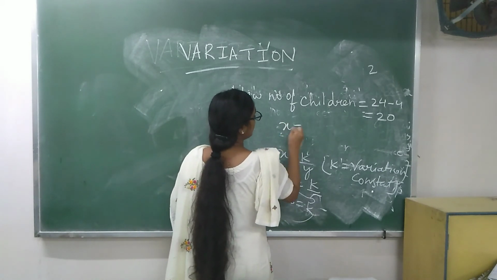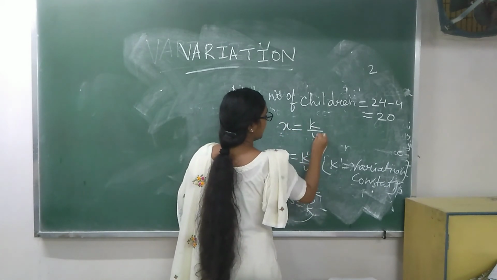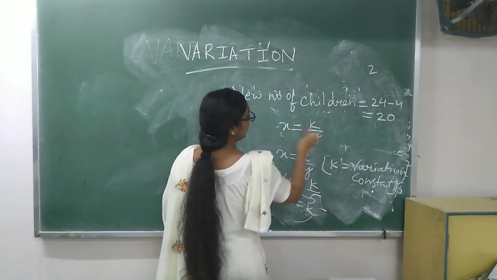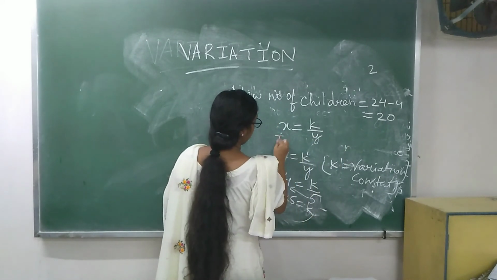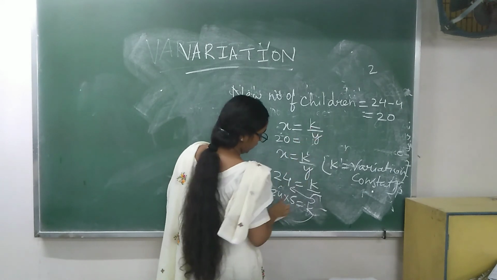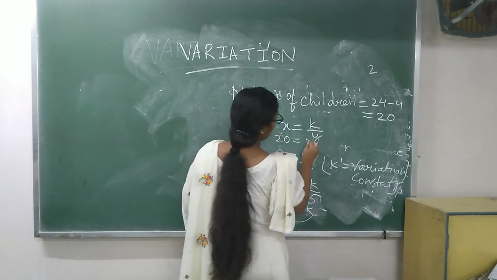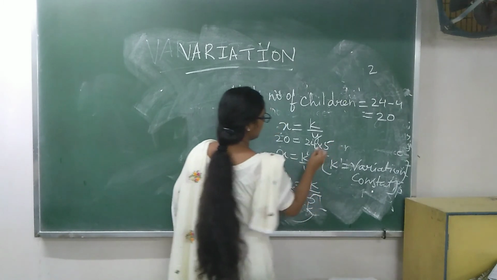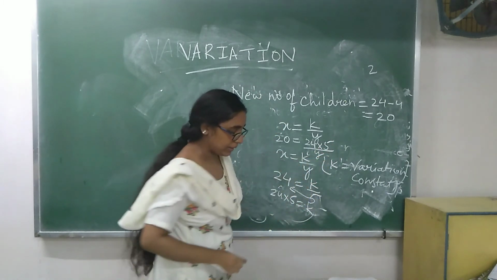We know that the relation is x equals k by y. The x value is 20. The k value we got is 24 into 5. So 24 into 5 by y. We have to find y only.